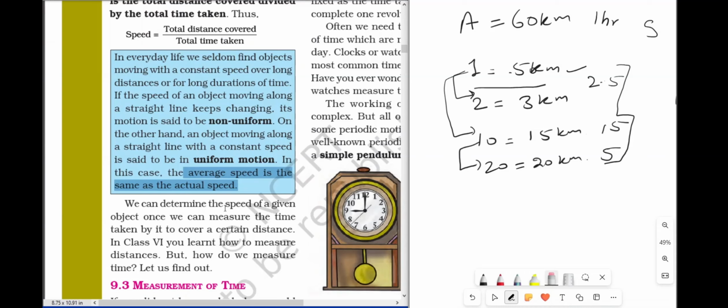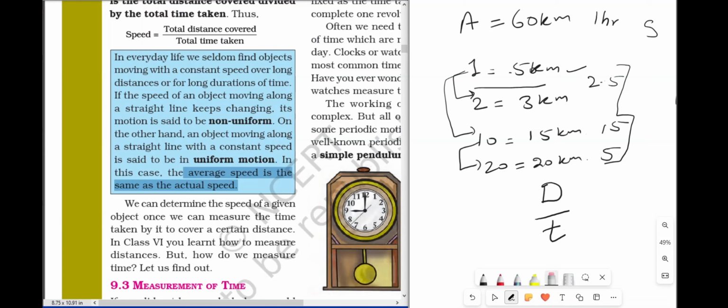So we can determine the speed of a given object once we can measure the time taken by it to cover a certain distance. So if we can measure the time taken by an object to cover a certain distance, we can measure its speed. आपको स्पीड मेजर करने के लिए क्या चाहिए? आपको स्पीड मेजर करने के लिए दो चीजें चाहिए. एक तो है कि उसने कितना डिस्टेंस ट्रैवल किया, और उस डिस्टेंस को कितने टाइम में ट्रैवल किया.